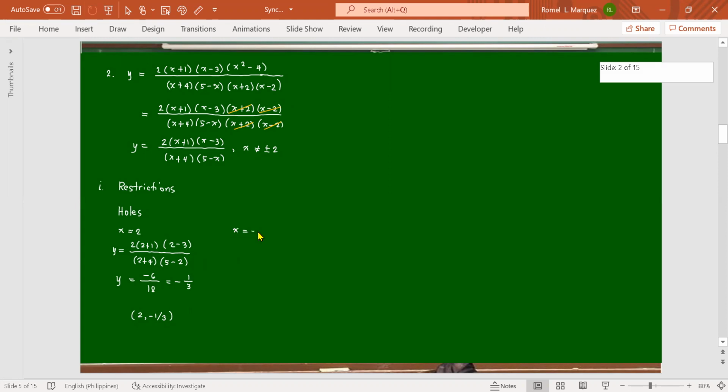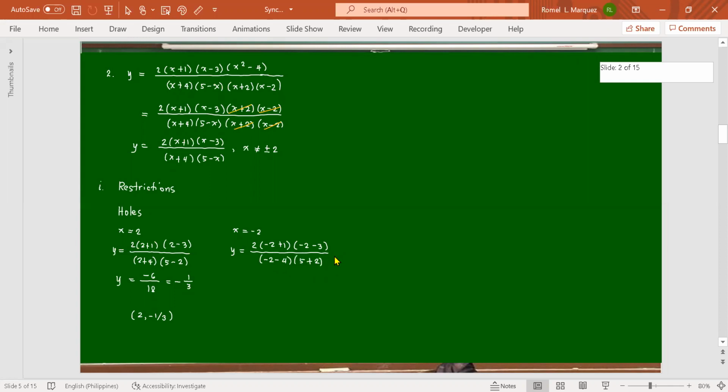When x is negative 2, y equals, let's see, 2 times negative 2 plus 1, negative 2 minus 3, all over negative 2 minus 4, 5 minus negative 2.